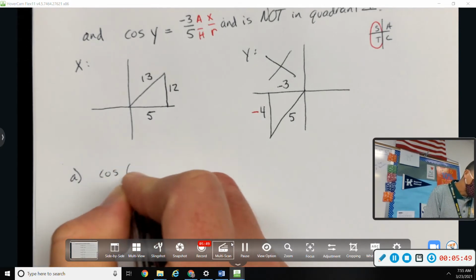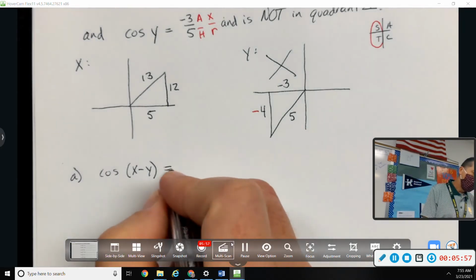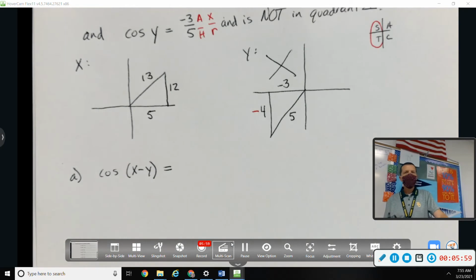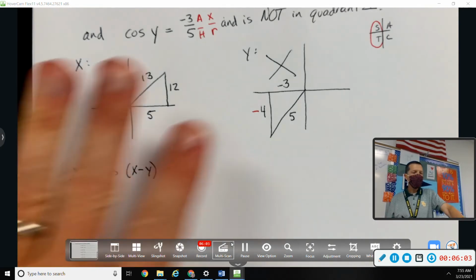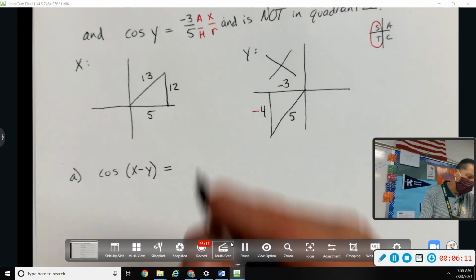Let's find the cosine of x minus y. Well, job one would be rewrite that formula. Don't plug anything in yet. Just rewrite cosine of x minus y. So flip over in your notes, wherever you have that starred or boxed or highlighted.